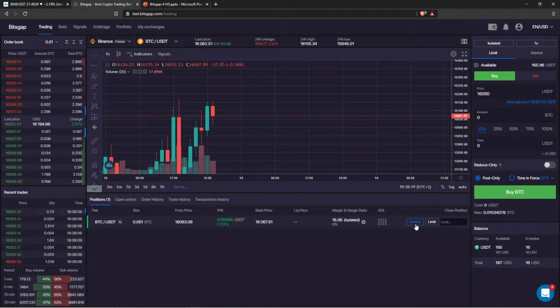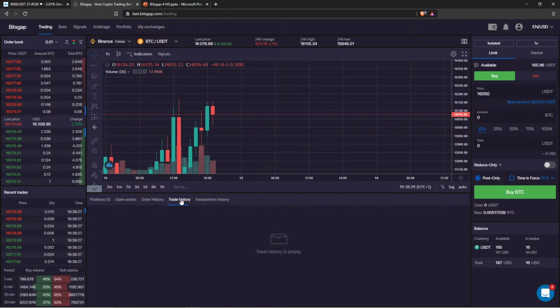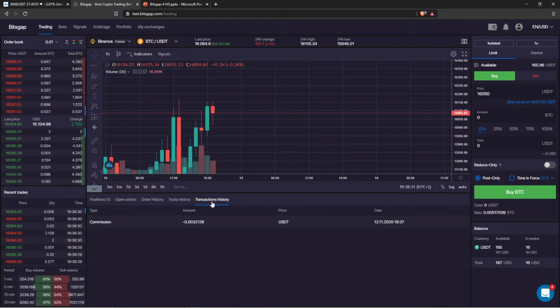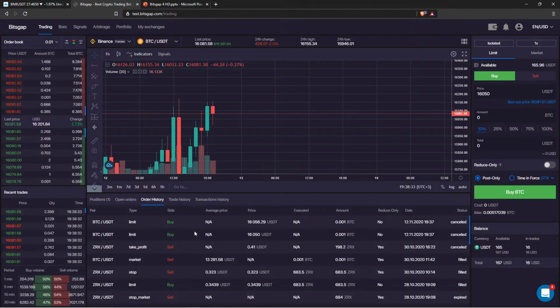And I actually can close it with the market order if I click on market button, and I can set the limit price as well. All right. So you have here the trade history, trade transaction history, everything you need to analyze your trading activity, to find where did you make mistakes, how many times you were wrong, how many times you were right, to basically digest your trading performance.